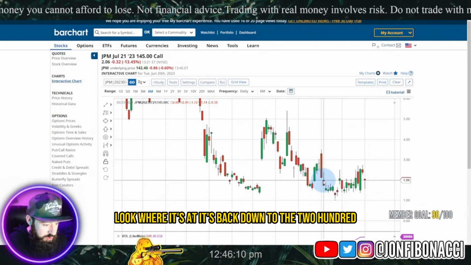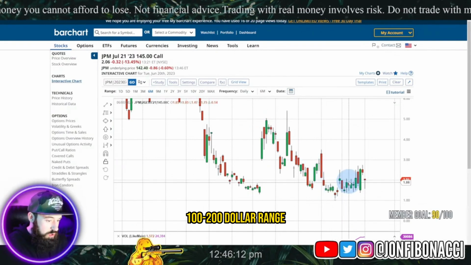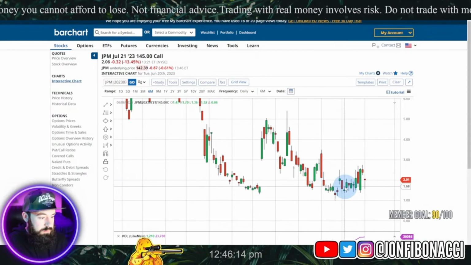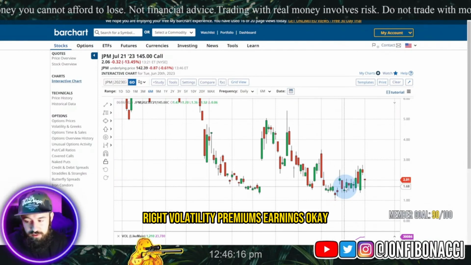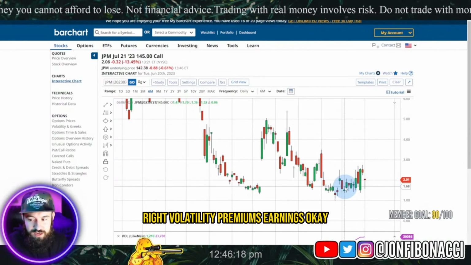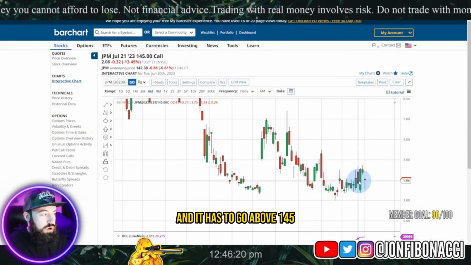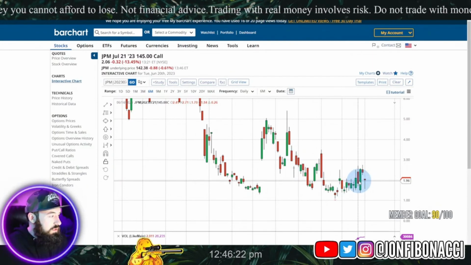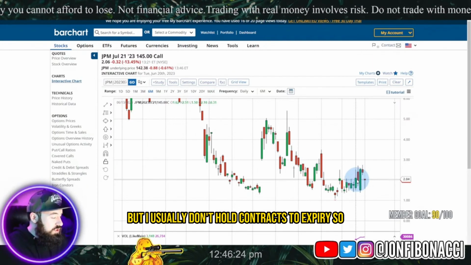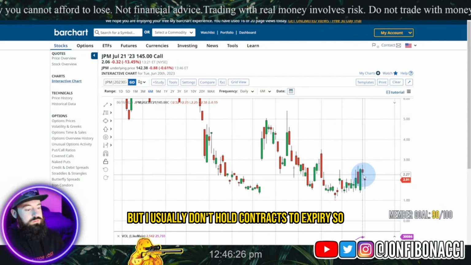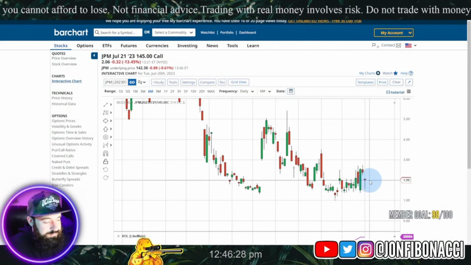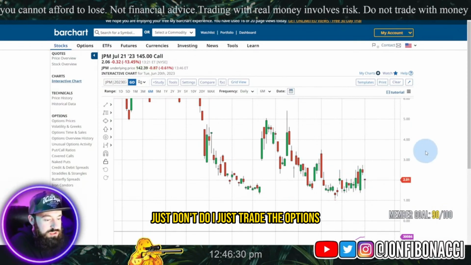It's back down to the $200 range. All right. Volatility premiums, earnings. Okay. And it has to go above 145. But I usually don't hold contracts to expiry. I just don't do it. I just trade the options just to trade the options.